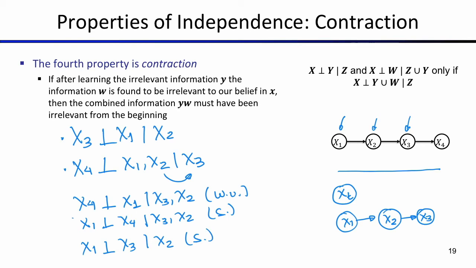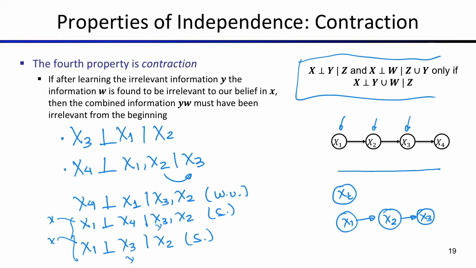So if we look at these two here and we try to map to the contraction property, you're going to see that this will be x. X3 is going to be y. So we have y here and y here.